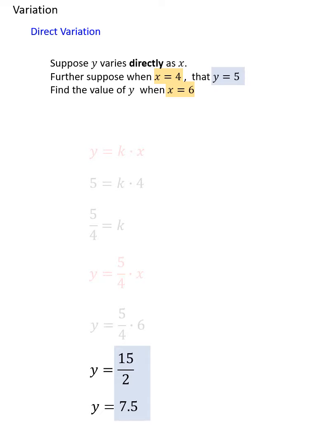And so 1.5 times 5 would be 7.5, or 15 halves. Again, depending on the way you think, this may make absolutely no sense to you, or it may make brilliant sense. If it doesn't make any sense, just use the algebra and don't think about it in terms of factors of increase.